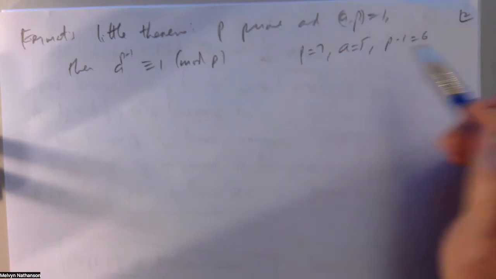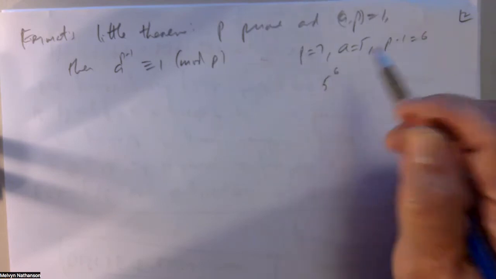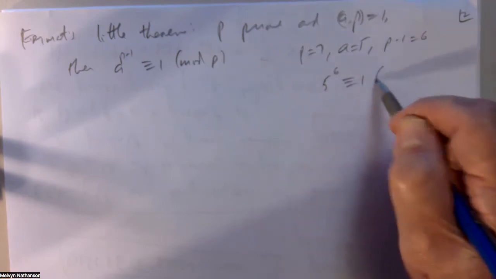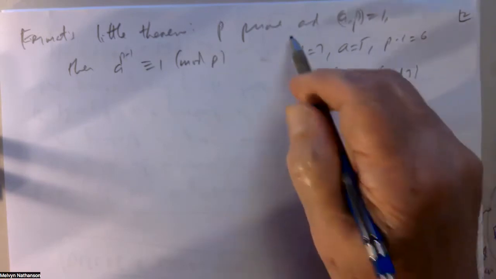And this says that 5 to the 6th power is always congruent to 1 mod 7.